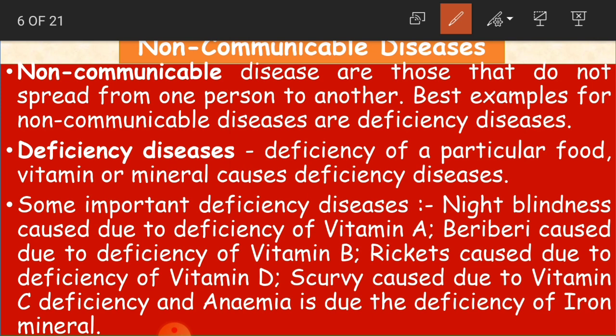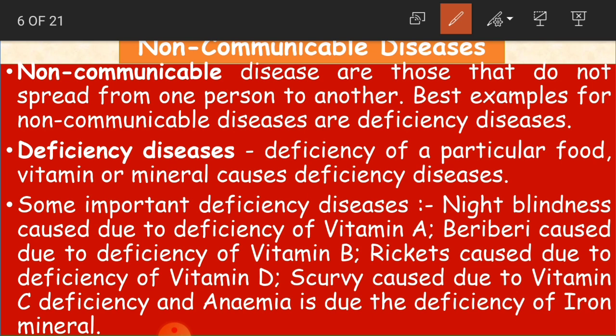Vitamin A. Okay, children. And beriberi is caused due to deficiency of vitamin B. Beriberi is also one particular disease, and it is also because of deficiency of vitamin B. Rickets. Rickets is caused due to deficiency of vitamin D. We'll have some bone problems where we will not be able to grow properly.